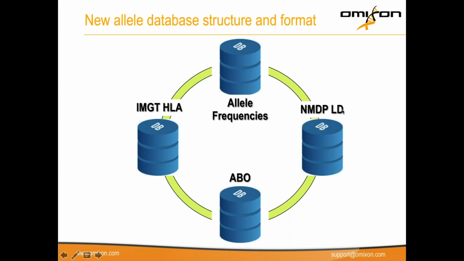With the implementation of ABO genotyping, we had to introduce also an ABO database. However, its structure and format is different than the original IMGT HLA database, which contains only HLA and MIC-A alleles. Thus, we had to restructure the IMGT and ABO databases to be able to merge them together and enable their analysis.